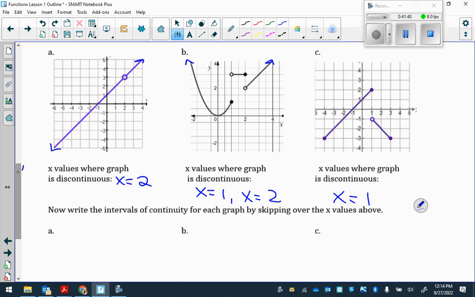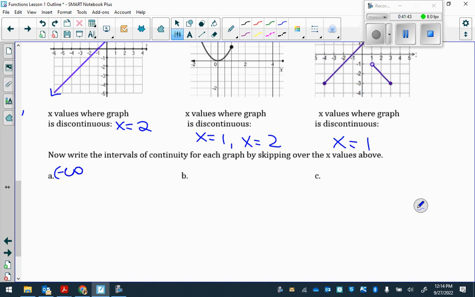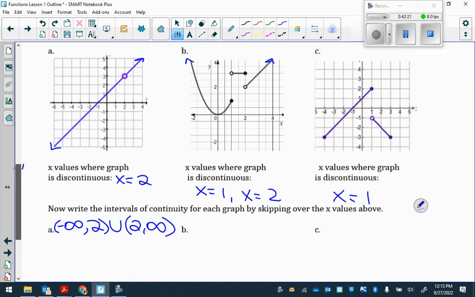Negative infinity, good. So from negative infinity to where? 2. And then, since I have to continue, I'm going to put a U. And how do I continue that? 2 to infinity. So right here shows the hole in the graph, where you have negative infinity to 2, union 2 to infinity.